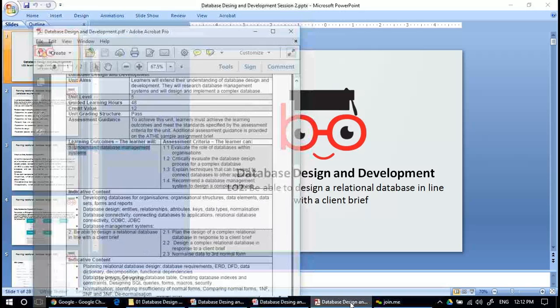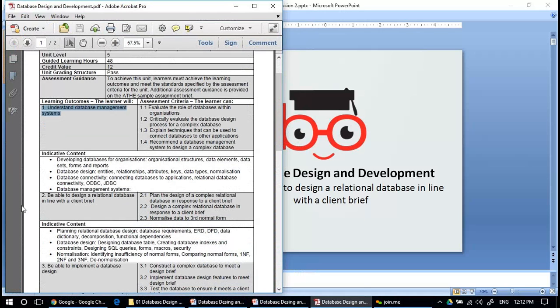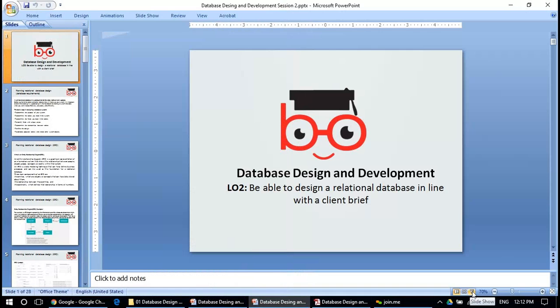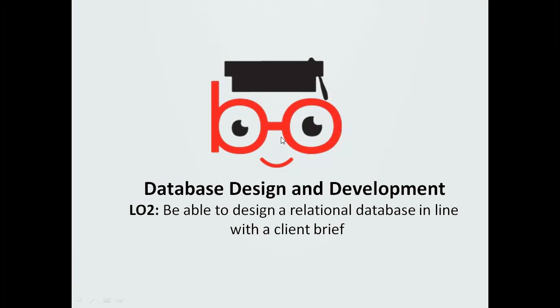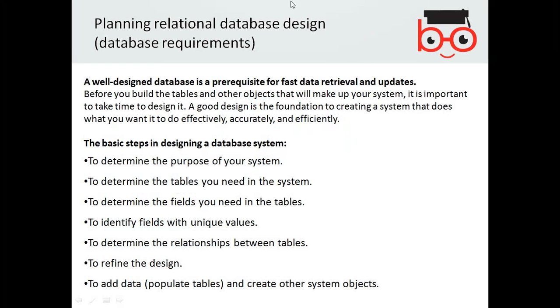The second learning outcome is to be able to design a relational database in line with a client's brief. Now, some background. A well-designed database is a prerequisite for fast data retrieval and updates.